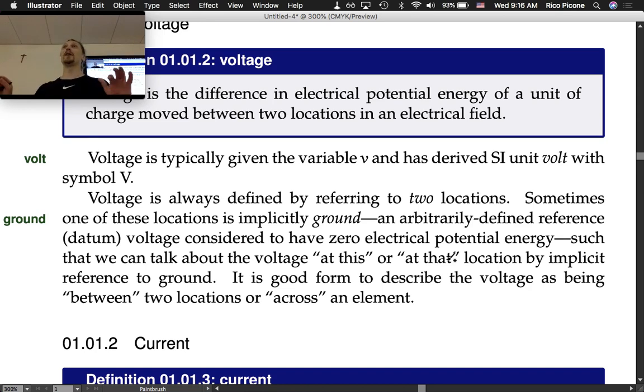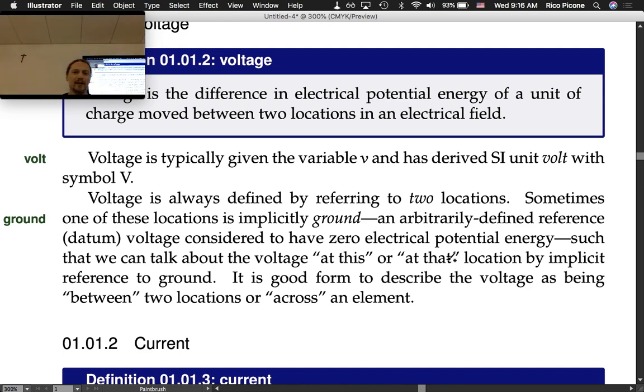You can choose any point you want, and that's going to be ground for the rest of the circuit for that problem. Okay? You just got to stick with it. You can't switch grounds. If you have multiple grounds that aren't actually the same in a problem or in an actual circuit, it causes no end of headaches. They call them ground loops, and it's a huge problem. Sometimes you think they're at the same ground and they're not.